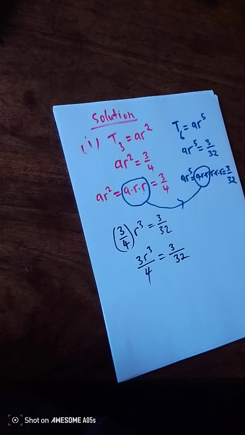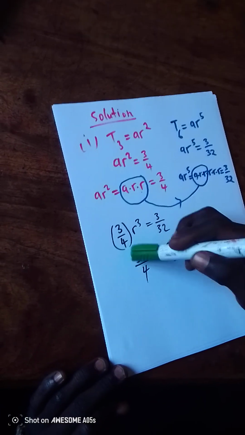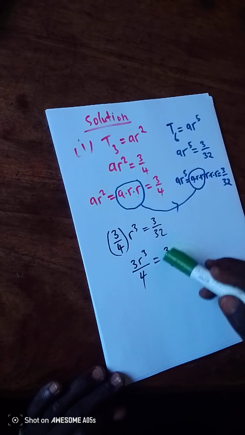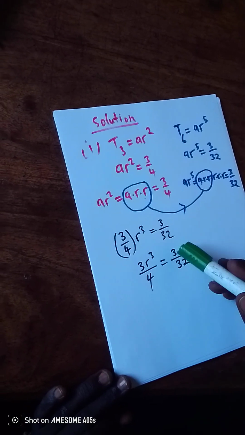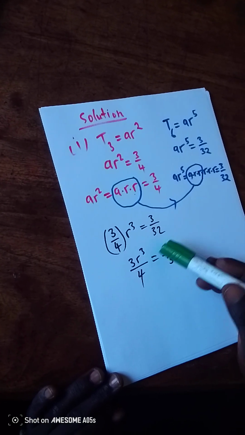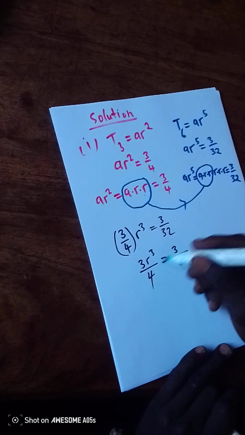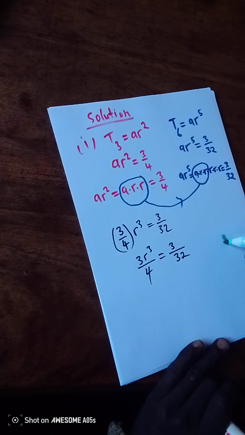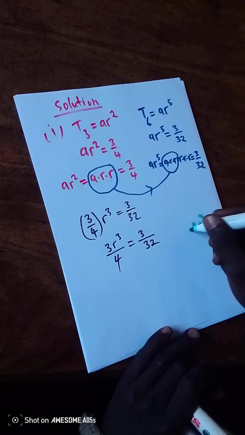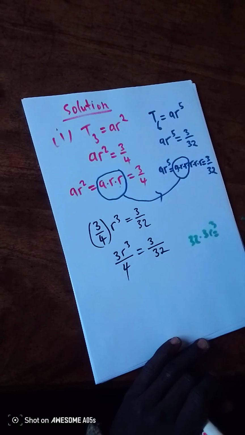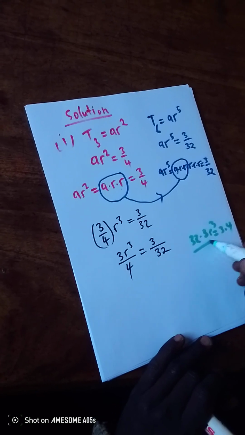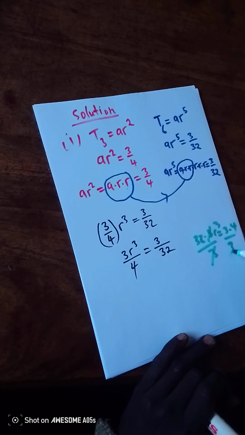There is another rule which says if the numerators are the same and you are just having one fraction on each side, then it is as good as ignoring those two. So we are just going to ignore the top 3 and 3, because after cross multiplying, 3 R power 3 times 32 is equal to 3 times 4, so we can divide off a 3 on both sides.